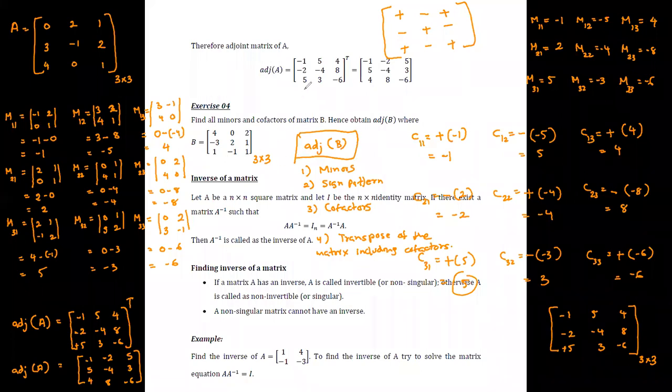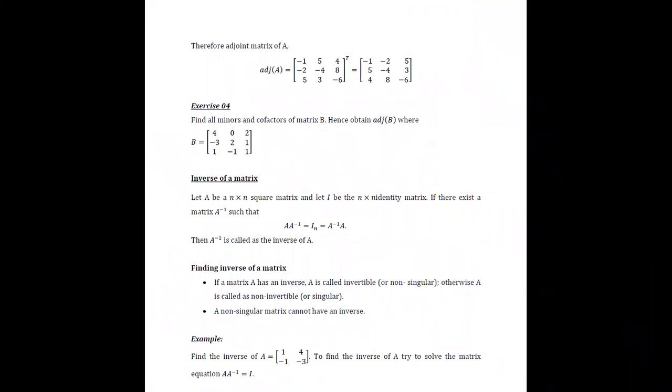Now we will move to another concept to discuss under these matrices. Now we will move to discussing the inverse of a matrix. Here also we are defining the inverse for square matrices.